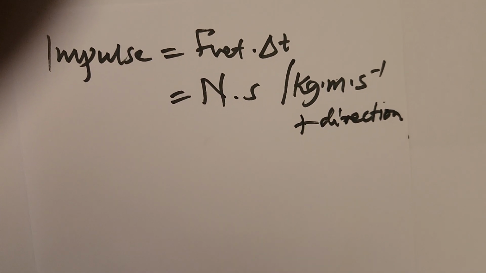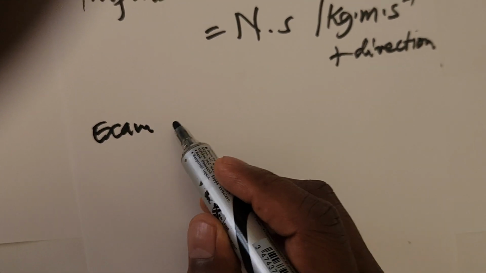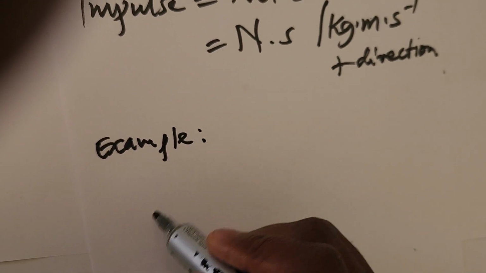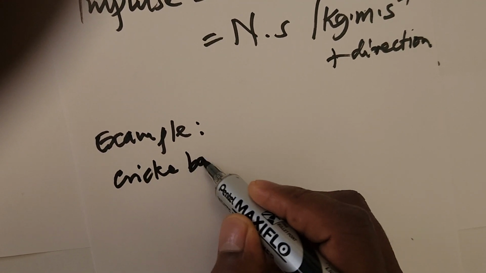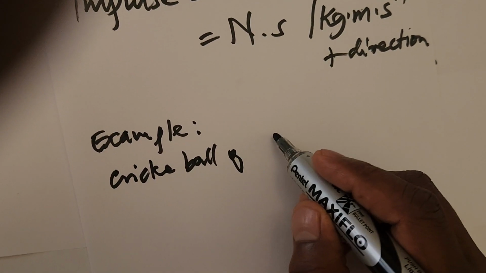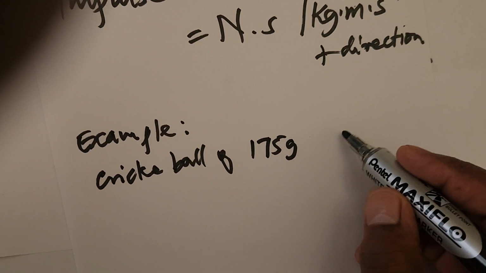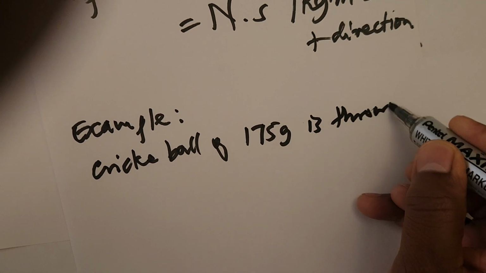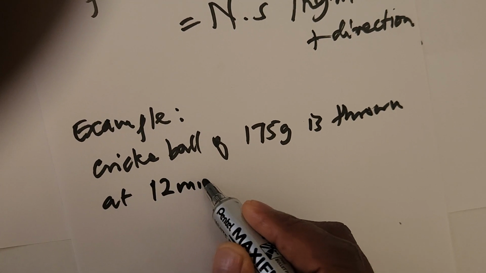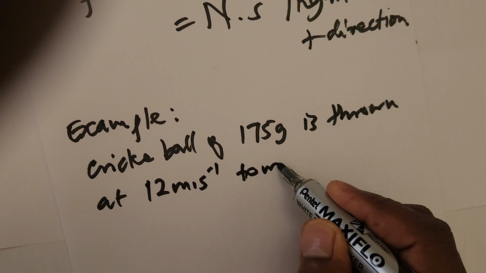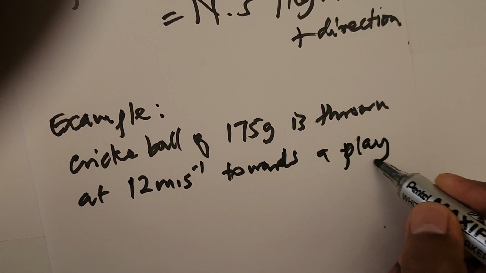So take an example. We have got this example of a cricket ball of mass 175 grams, thrown at 12 meters per second towards a cricket player.